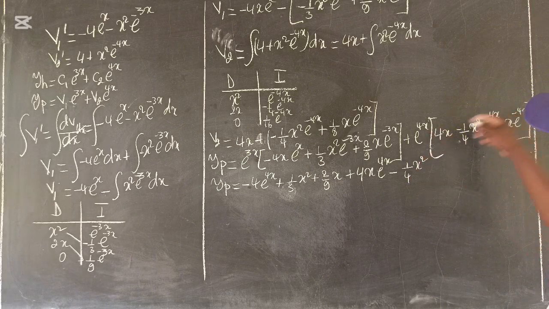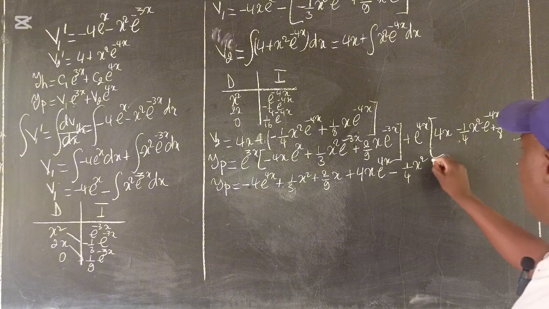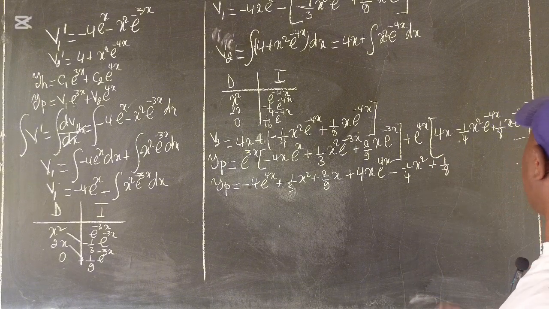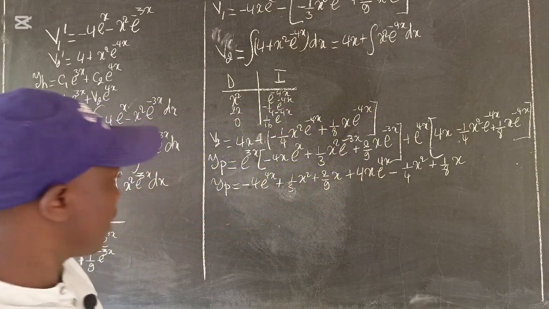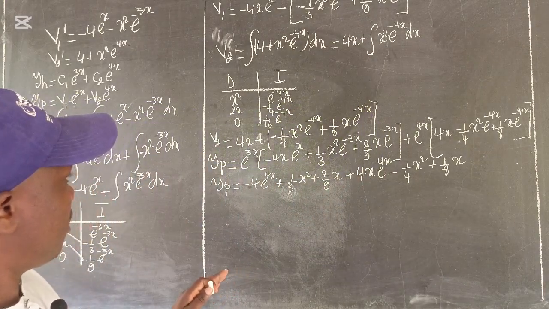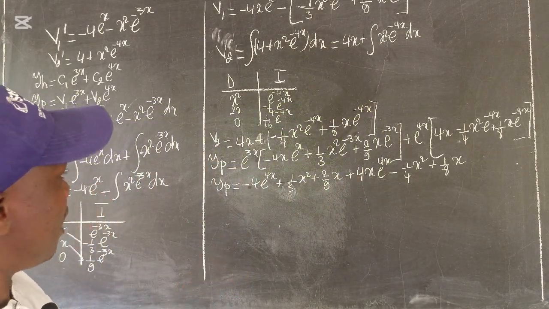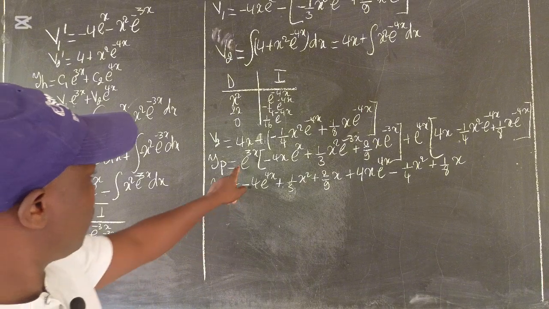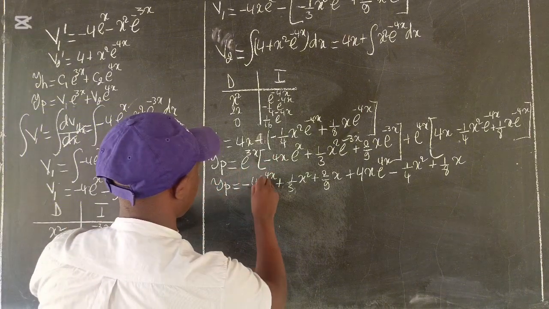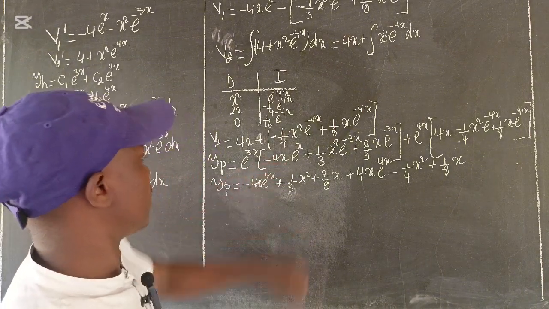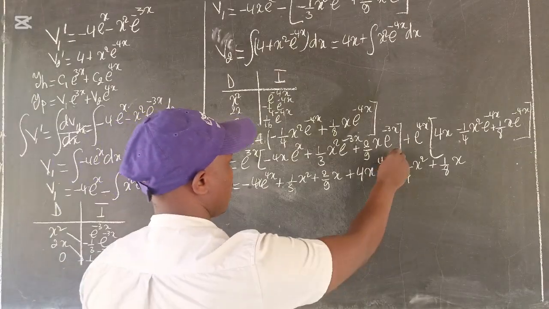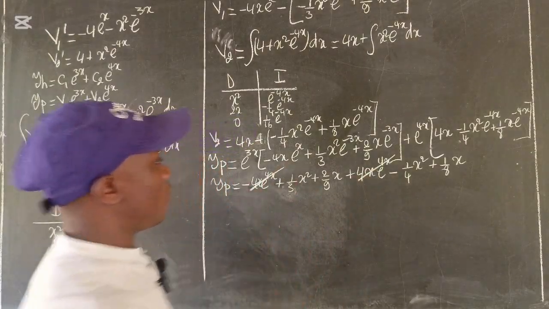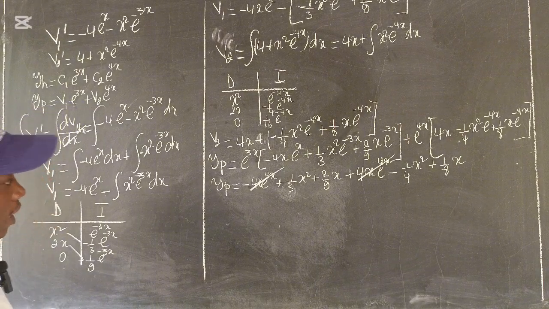This and this will give 1, plus 1 over 8 times x. Okay, as you see, are there similar terms? This and this here is x. This times this, yes. Okay, this is similar to this. That's why this and this will vanish.